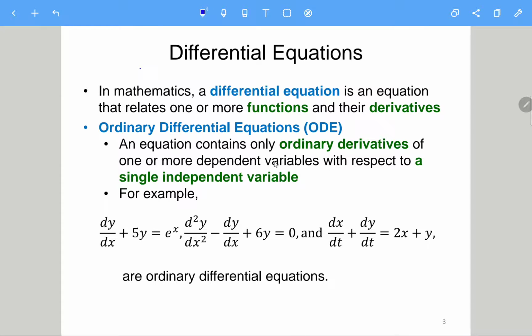One is the dependent variable, and the other is the independent variable. So for this one, y is the dependent variable because y depends on x. y is a function of x. So in this one, we call y a dependent variable and x the independent variable.